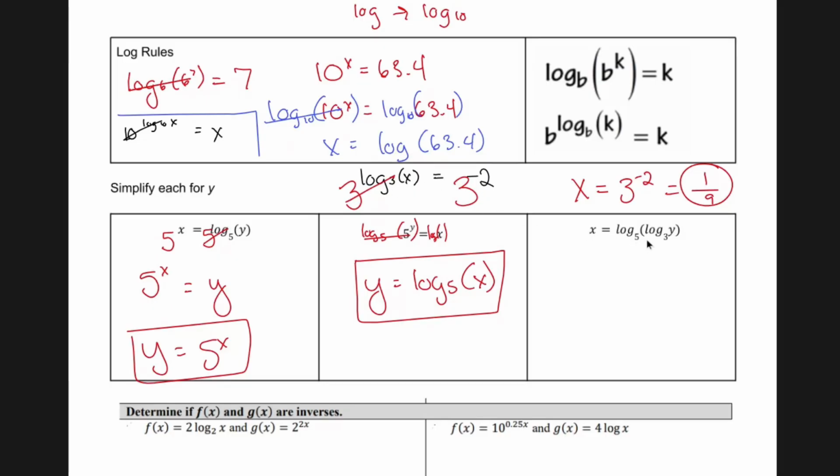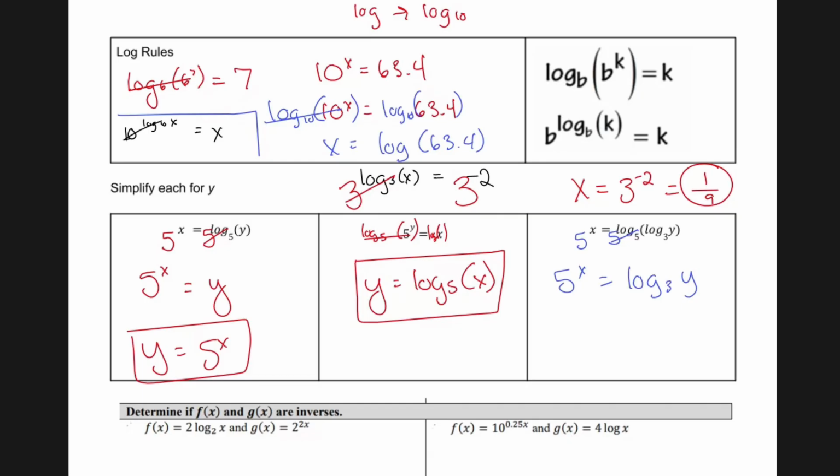x equals log base 5 of log base 3 of y. Well, I don't care about the insides first. Let's deal with the outside. If I have a log base 5 on the outside I have to get rid of, why don't we base 5 both sides? So now I have 5 to the x equals, 5 to the log base 5 cancels each other out, leaving you with log base 3 of y. Oh, but we're not done yet.